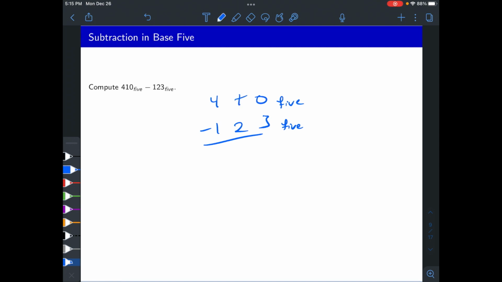So I need to borrow this group of 5, right? This is our 5's place. This is our 5 squared place. This would be our 5 to the 3rd place, and so on. So I'm borrowing a group of not 10 here, but 5, which in base 5 is 1, 0 base 5. That would be 5 base 10, right? So I'm borrowing one of these.